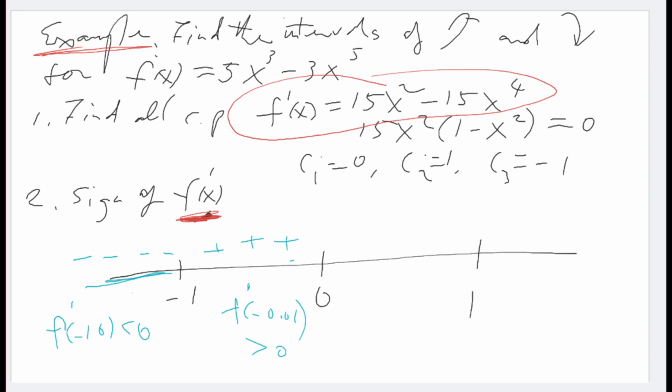Okay, so between 0 and 1, again, we pick, say, 0.1 to test out f prime. Again, use a calculator. I can guarantee you it's going to be positive.